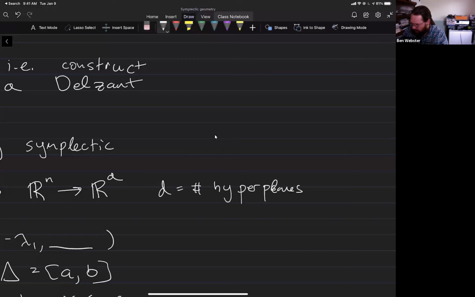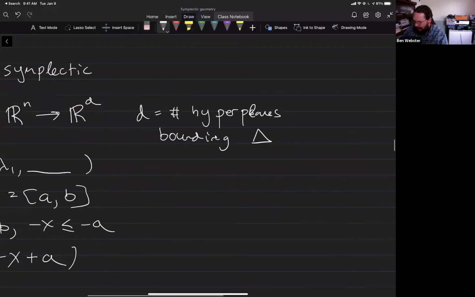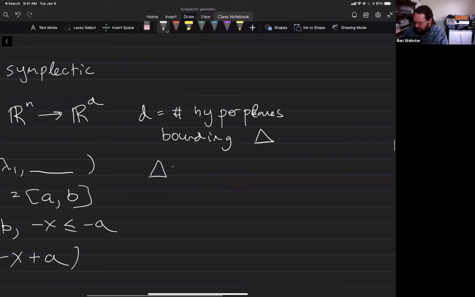I need to bound my Delzant polytope, which I'm going to call delta. So in particular, I had this half space definition of delta.